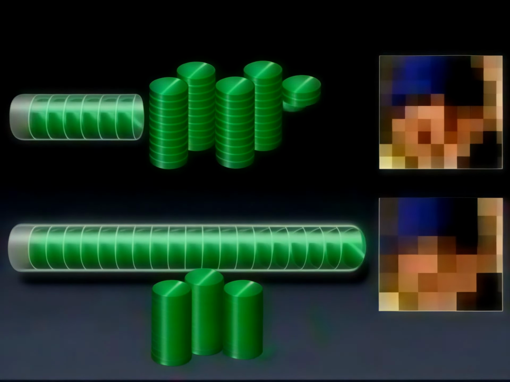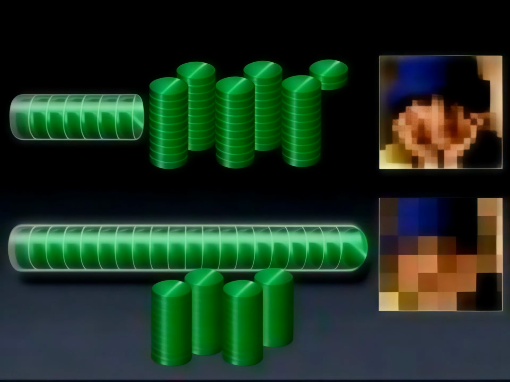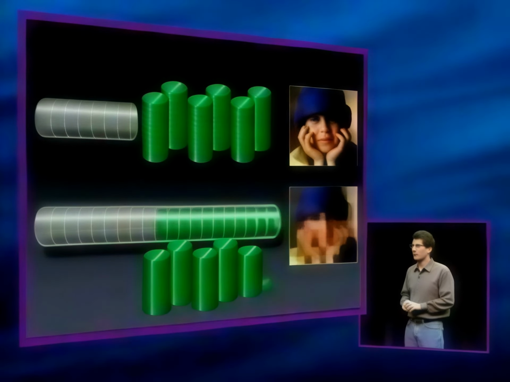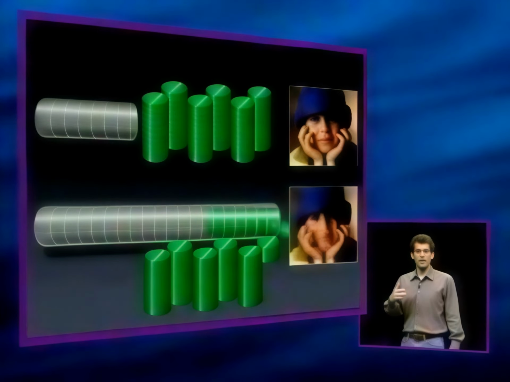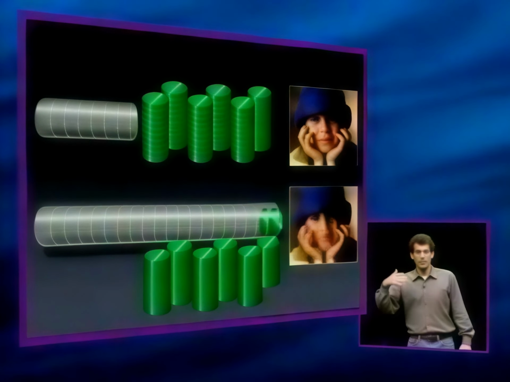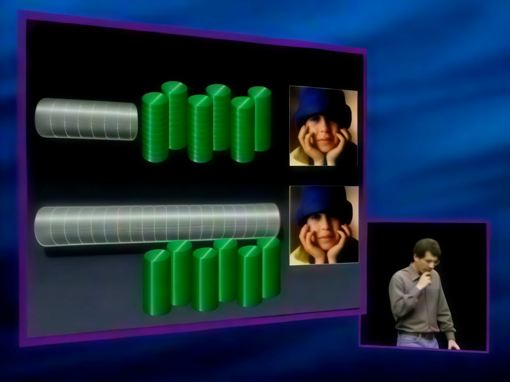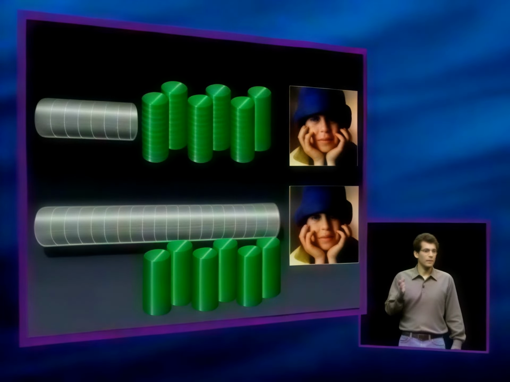So right off the bat, the long pipeline has a disadvantage in that it takes longer to fill. Now every cycle we're executing 1 instruction and completing it. So you're probably thinking, well, wait a minute, the longer pipeline is running twice as fast as the shorter pipeline, and so at some point in time, it's going to catch up to the short pipeline and pass it. And that would be true in the ideal case.